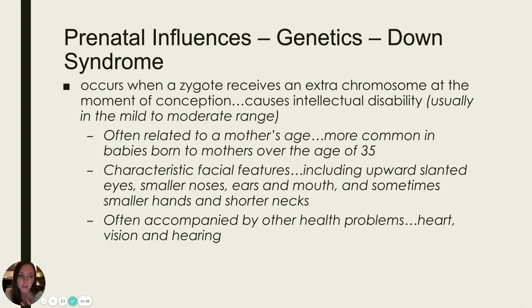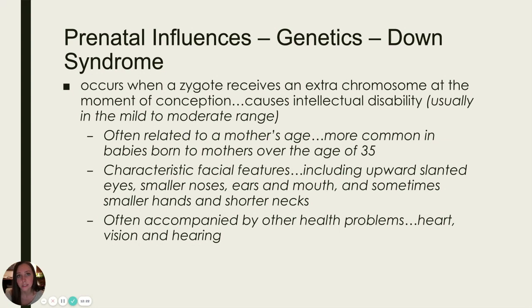This causes intellectual disability, usually on a mild to moderate range, so not extreme intellectual disability. Often relates to a mother's age. So if the mom is pregnant at age 35 or older, usually they want to do a little bit more testing because this is more common in older women having babies.